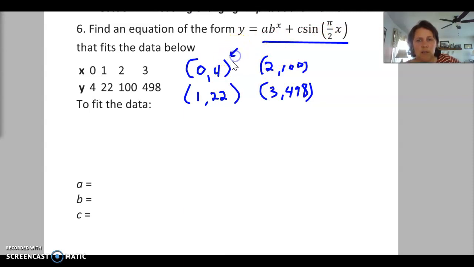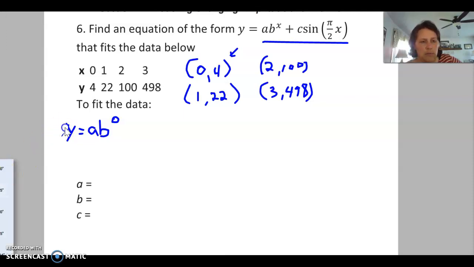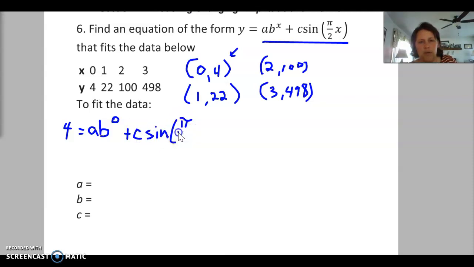So we'll start off with 0. 0 is usually good to figure out what happens. So we have y equals a times b to the x, which in this case is 0. We're going to plug in y over here, which is 4, and then a b to the x, which is 0, plus c sine of pi over 2 times 0.